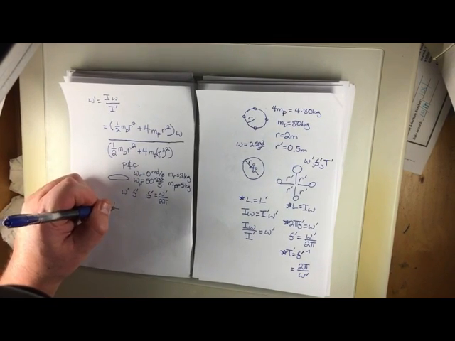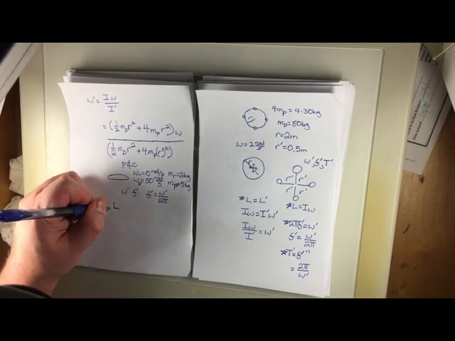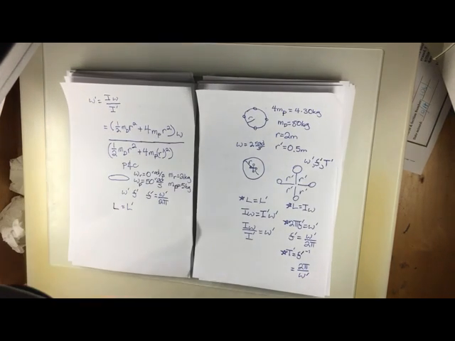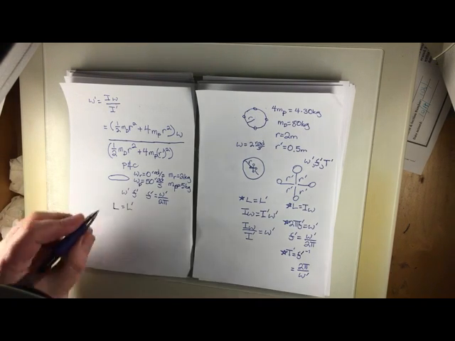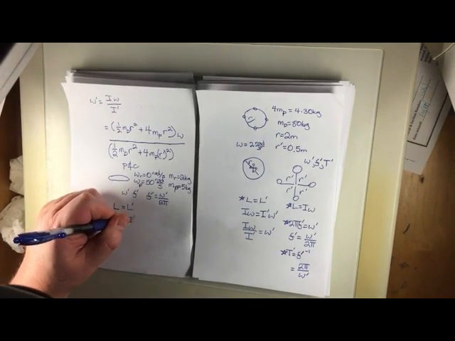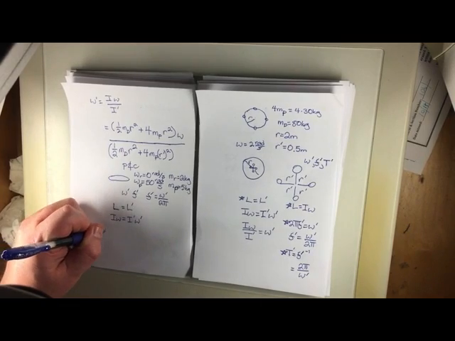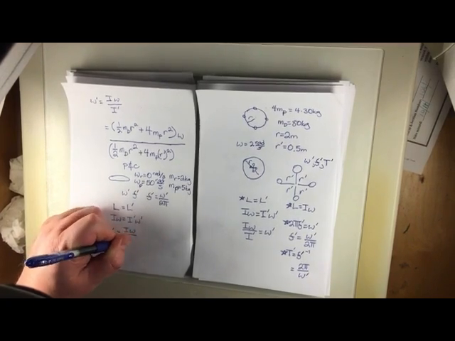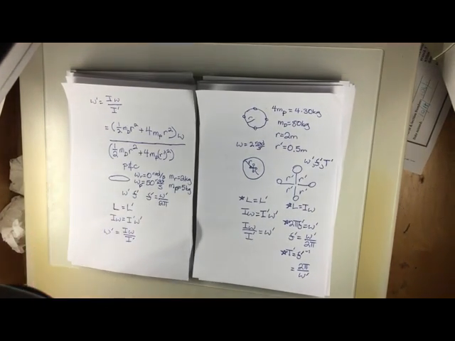L is the initial angular momentum of the disk. L prime is the angular momentum of the disk and the record player. I omega equals I prime omega prime. So omega prime is I omega over I prime.